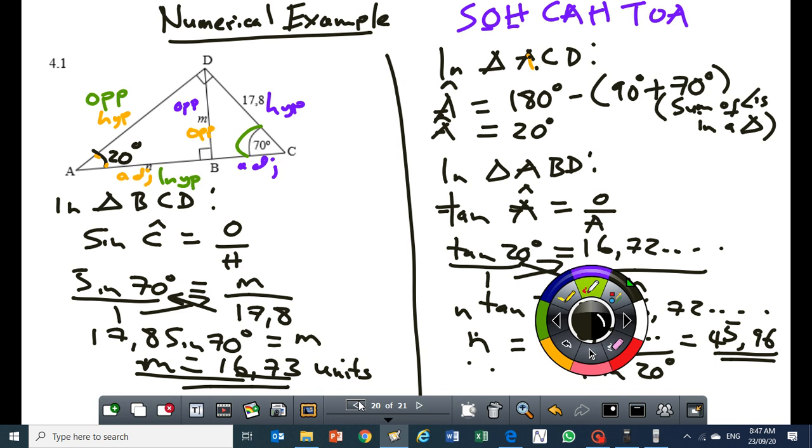For BCD we have the hypotenuse, we don't have the adjacent side, but we have the opposite side. What that means is, if I'm going to use triangle BCD to calculate sec C, I need to find the length of BC.